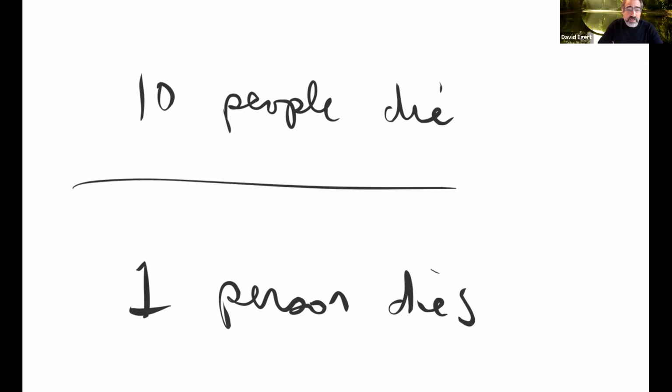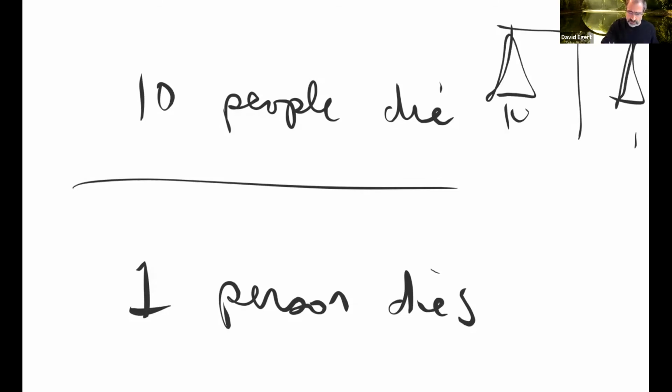And you have to make a decision that is going to lead to one or the other of these outcomes. And what people decide often depends not just on the pragmatic, let's just put it on a scale and weigh, like, 10 people versus one person. Obviously, we want to try to minimize the amount of death, but it really depends on how it feels.